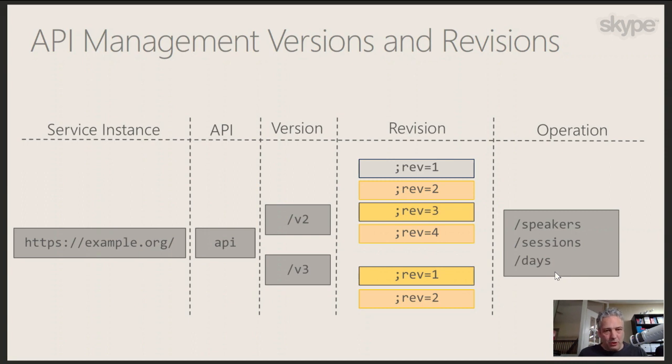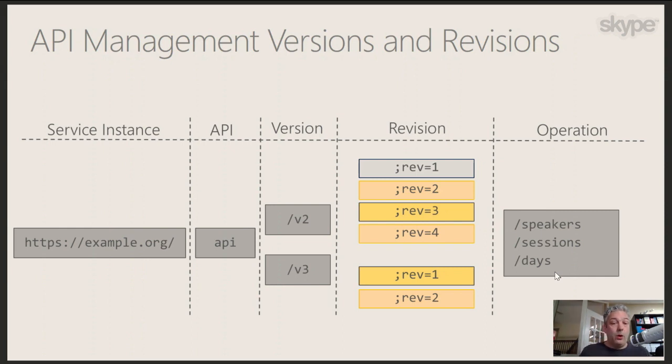So this is an optional segment that consumers of the API really don't need to use unless they want to potentially participate in a beta program that allows them to test a revision 4, or your own developers working on the API can add in this matrix parameter in order to target specific revisions of the API. And when you have decided that, yes, revision 4 is ready to go, we've tested it sufficiently, you can just set that revision 4 to be current, and it will become the new default when somebody does not specify a revision.